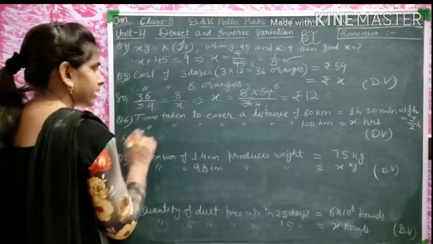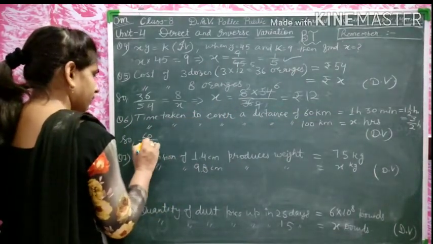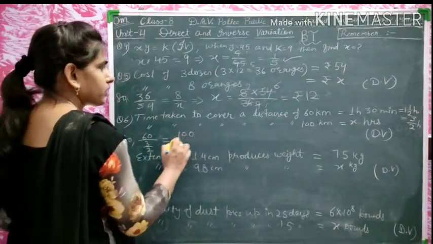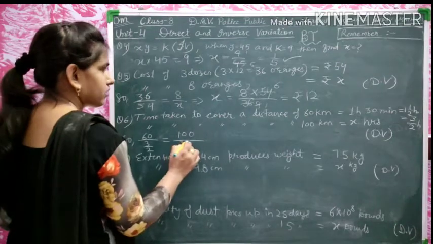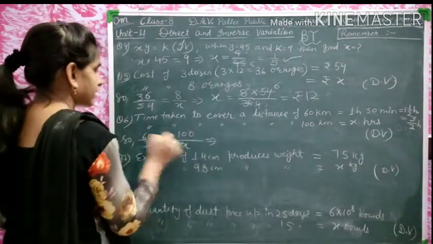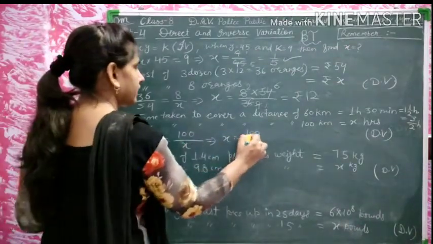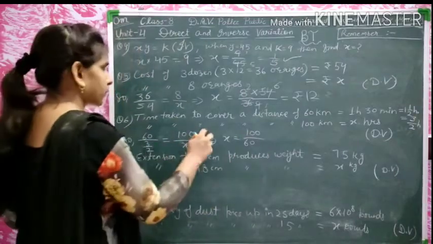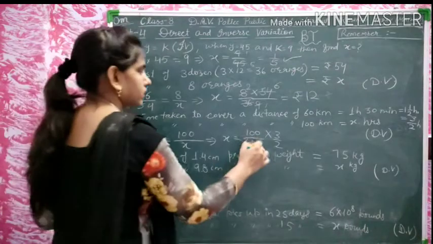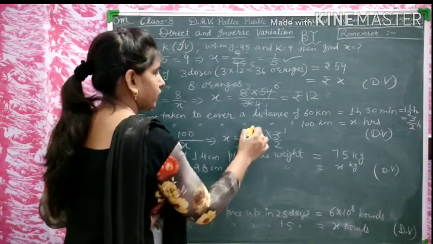So in the direct variation, the ratio of these two things, 60 divided by 3 by 2, is equal to the ratio of another two things, that is 100 by x. Is this clear? Now it implies x is 100 divided by 60, multiplied by 3 by 2. 2 and 0 are cut here, 3 ones are 3, 3 twos are 6, 2 fives are 10.